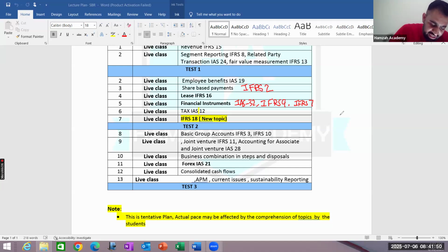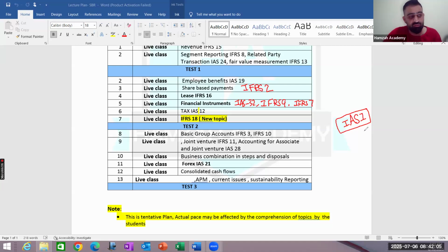You people know that the preparation of the financial statements was covered in IAS 1.